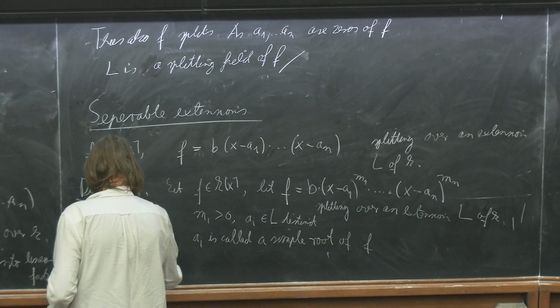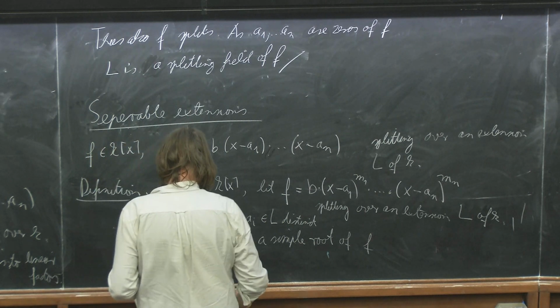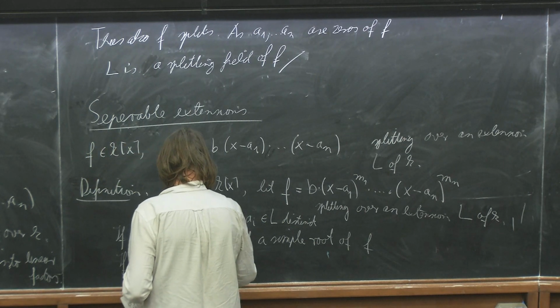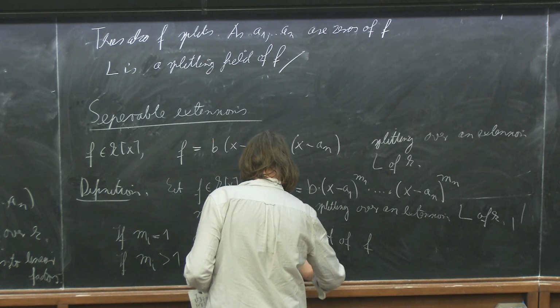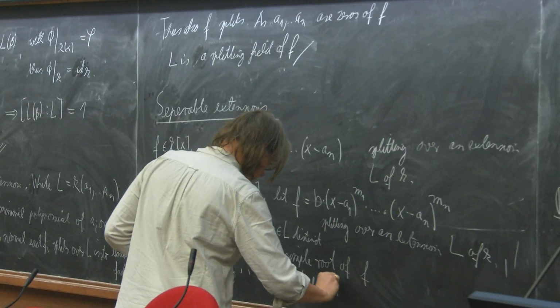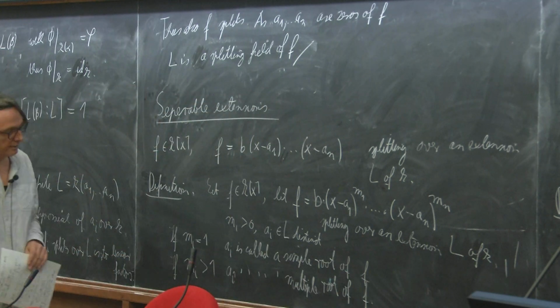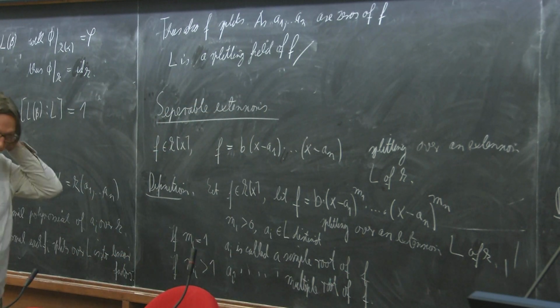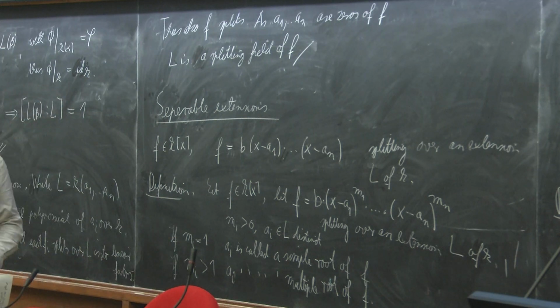And if Mi is bigger than 1, Ai is called a multiple root of F. In some sense, a multiple root means that the polynomial vanishes to higher order at Ai.